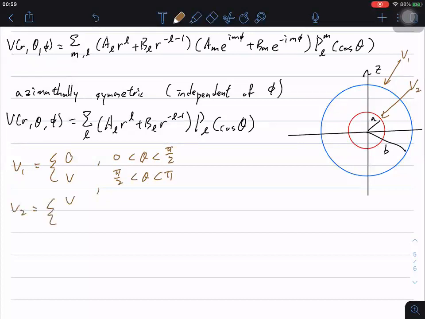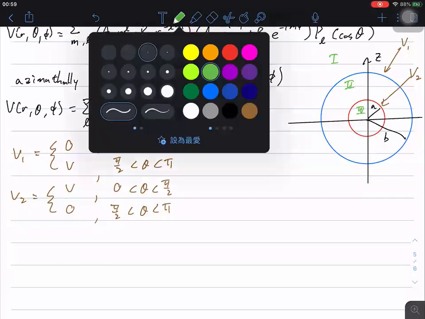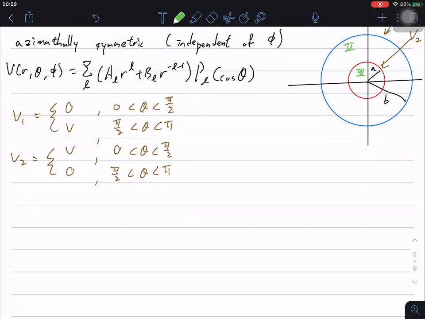Again, this time reversed: V on the upper hemisphere and 0 on the lower hemisphere. Okay, so for this solution, we have to divide it into 3 different regions, 1, 2, and 3, because the boundaries divide the whole space into 3 regions. So we have to solve for these 3 regions separately.